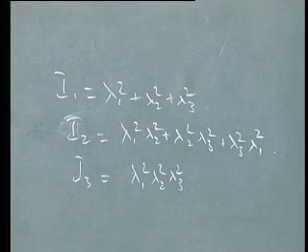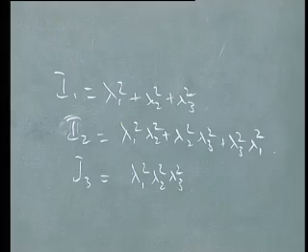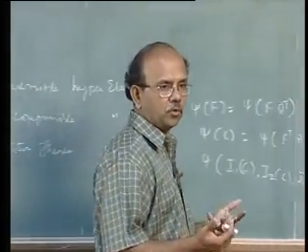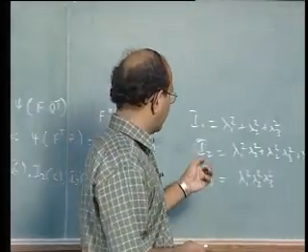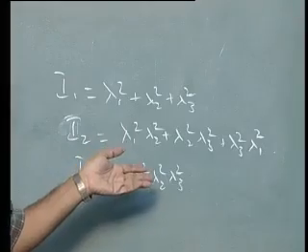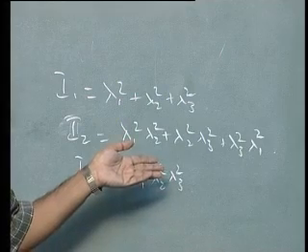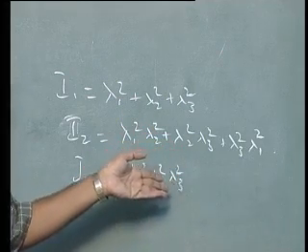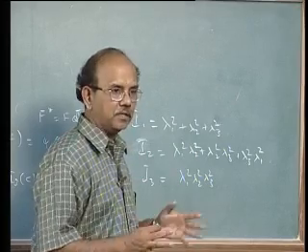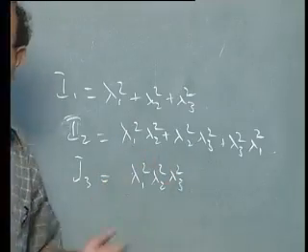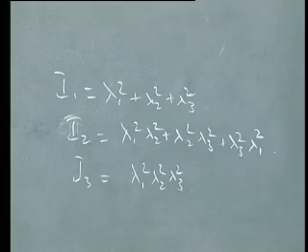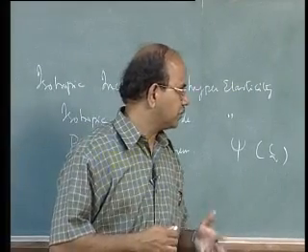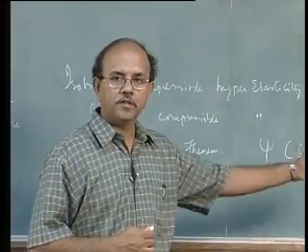What are invariants? They will not change with the coordinates. So you can also show that if you write this in terms of lambda 1 power 4 plus lambda 2 power 4 plus lambda 3 power 4, they also form an invariant. Just as a caution, if you see different things, don't worry about it. That's another way of writing the second invariant. The first and third invariants are usually what I've written here; they are the same.